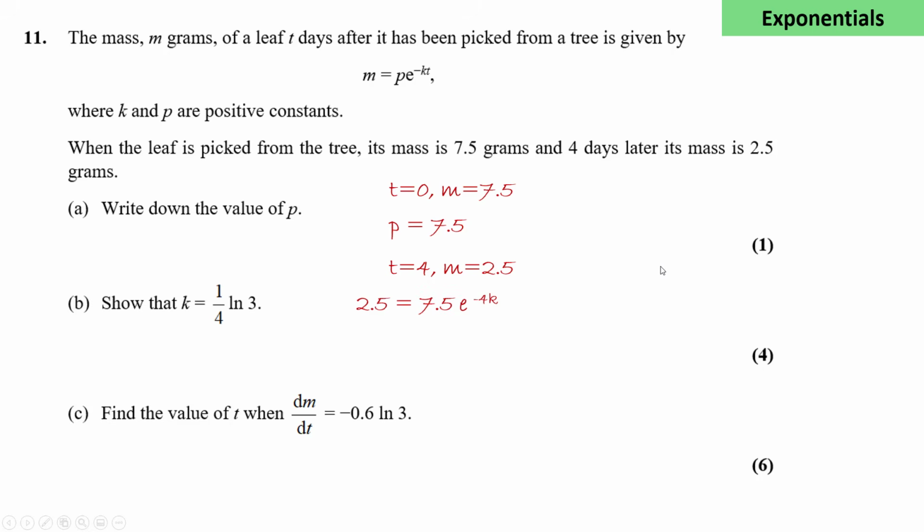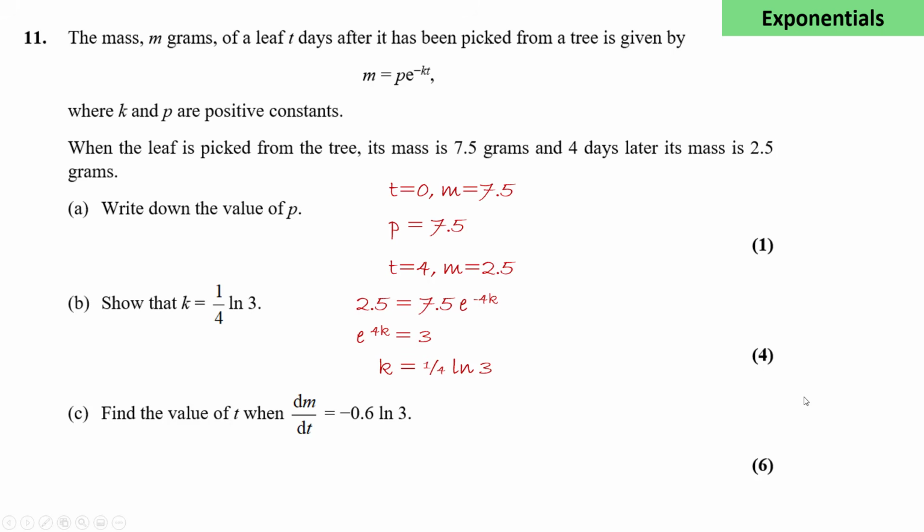So we substitute these into the equation. We get 2.5 equals 7.5 e to the minus 4k. So e to the 4k will equal 3, and therefore k equals 1/4 ln, the natural logarithm of 3, which is what we're meant to show.